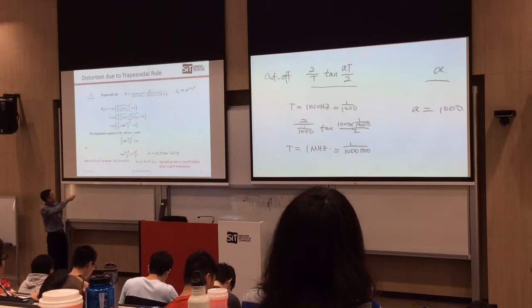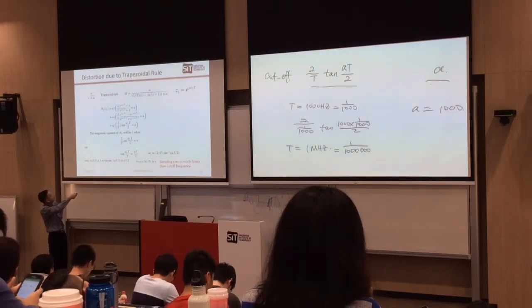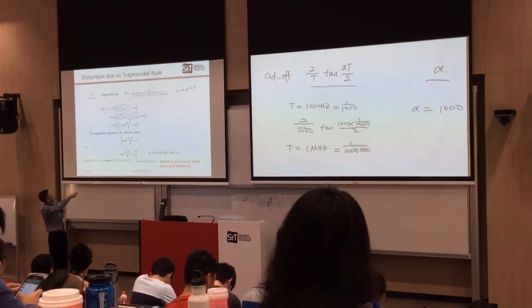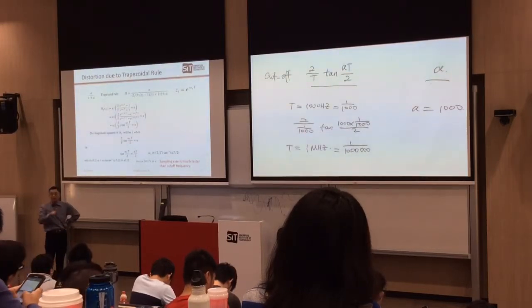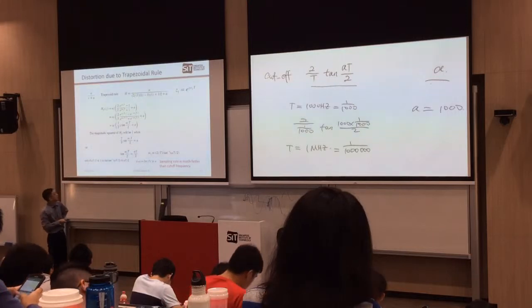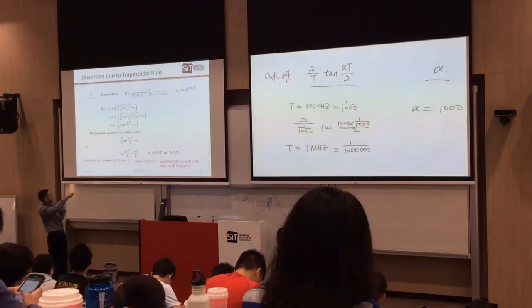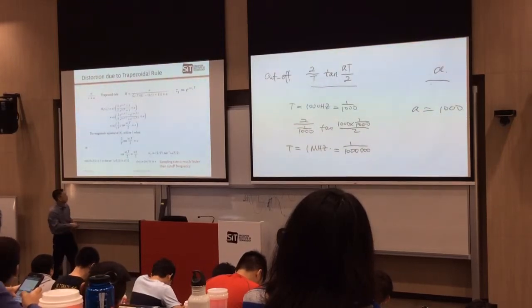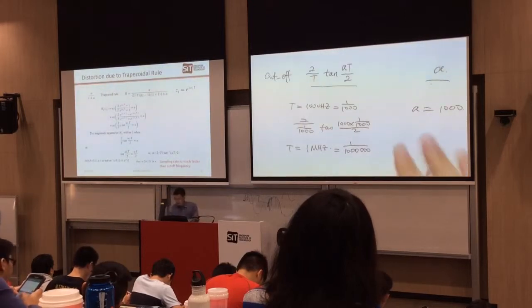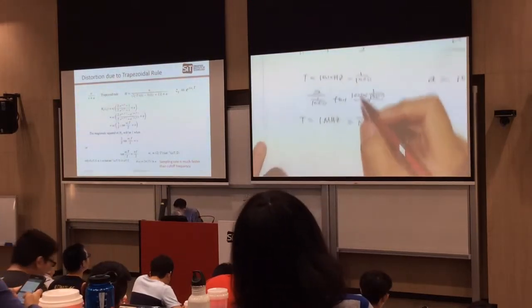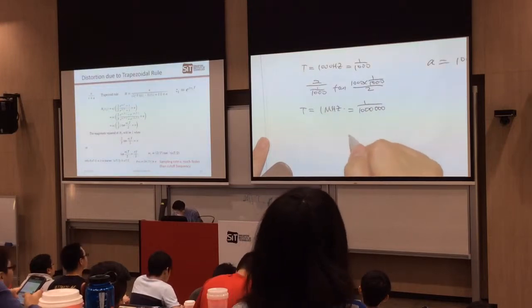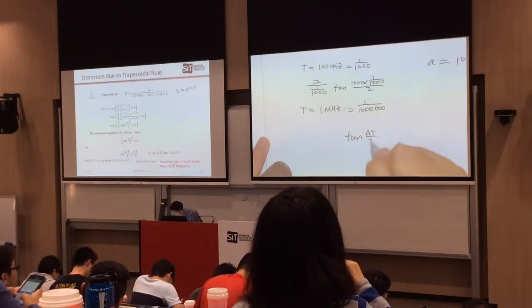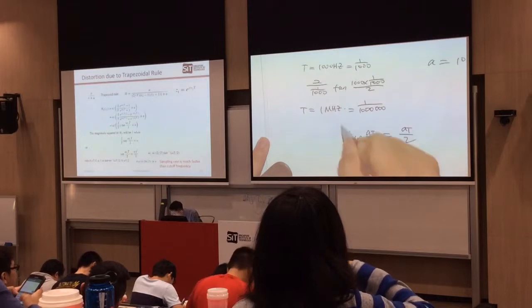And actually this one will be only equivalent if your AT divided by 2 is very, very small. If you want this one to be the same as your A, basically your tangent of AT divided by 2 should be equal to AT divided by 2.